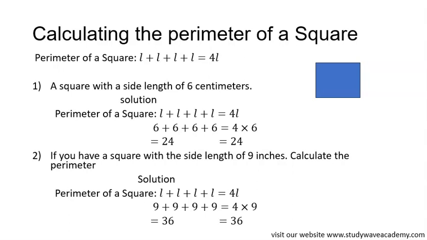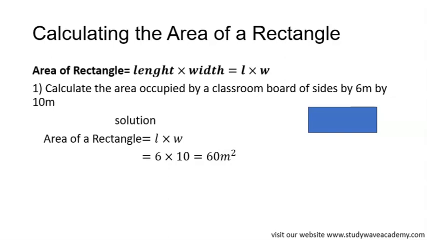Good. Now let's look at how to calculate the area of a rectangle. How can we calculate the area of a rectangle? To calculate the area of a rectangle, we are going to be using this formula, which is area of a rectangle equals length times width, which can be seen as L times W. So this is a rectangle, right?